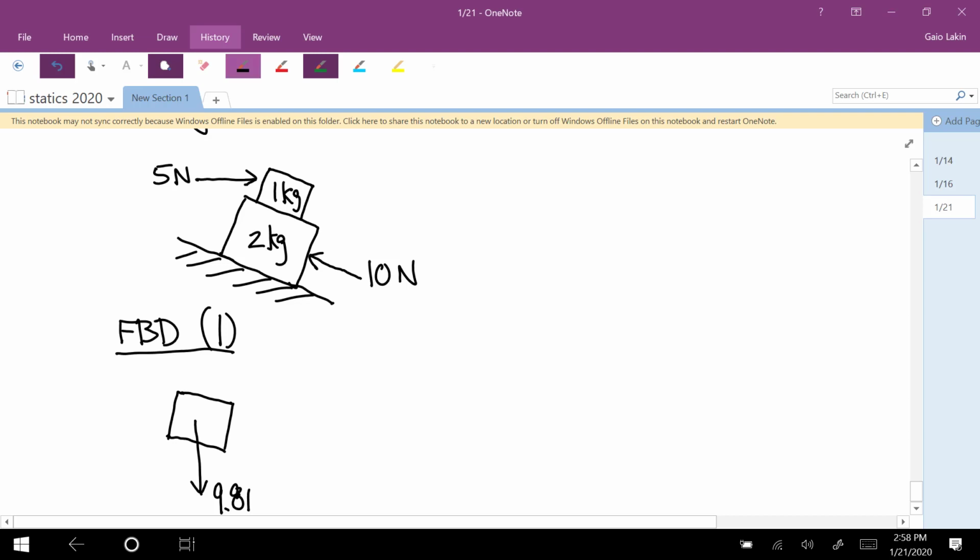There's a 5 newton force horizontal. Well, we're only dealing with the 1, so the 10 is not acting on the 1. So that's not in here. But there is friction, and we're not going to break it up into a normal force and a friction force. We're just going to treat it as an unknown force vector. So I'll just write it like this.